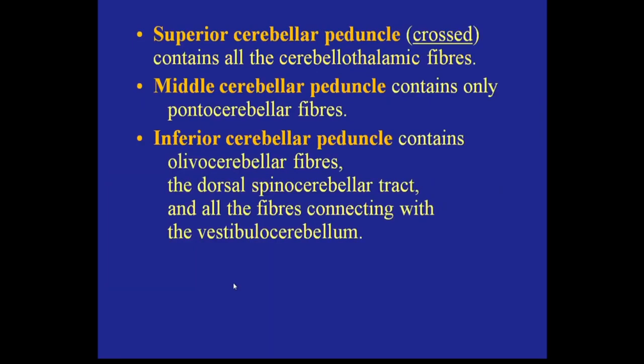The superior cerebellar peduncle, crossed, contains all the cerebellothalamic fibers. The middle cerebellar peduncle contains only pontocerebellar fibers. And the inferior cerebellar peduncle contains olivocerebellar fibers, the dorsal spinocerebellar tract, and all the fibers connected with the vestibulocerebellum.